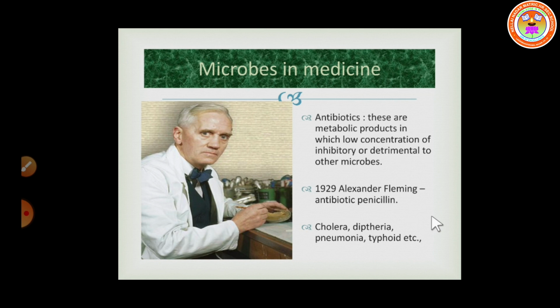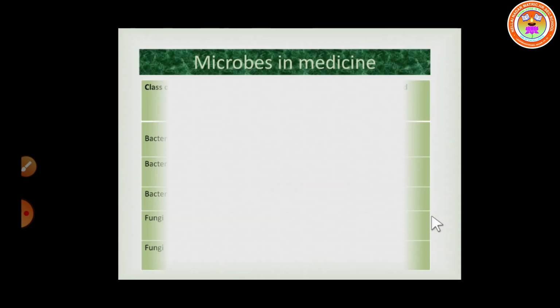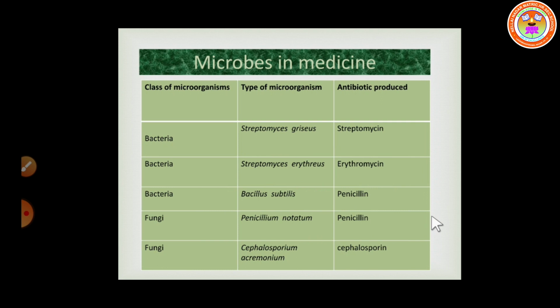So, what did he find out? Penicillin. Okay. So, let us see a chart of antibiotics produced by the microorganisms. You can see the class of microorganisms, types of microorganisms, and antibiotic produced. So first is the bacteria called Streptomyces griseus.